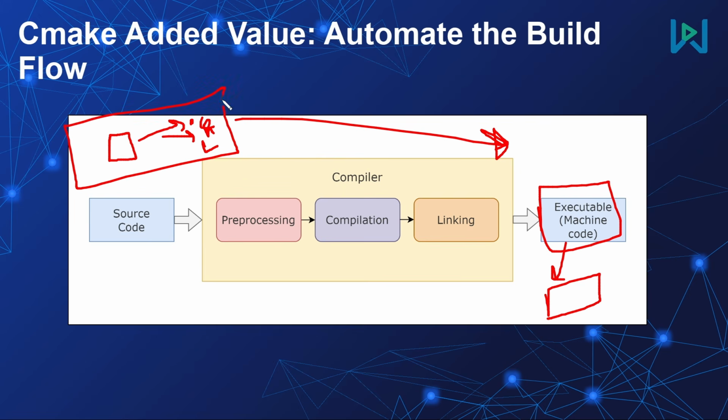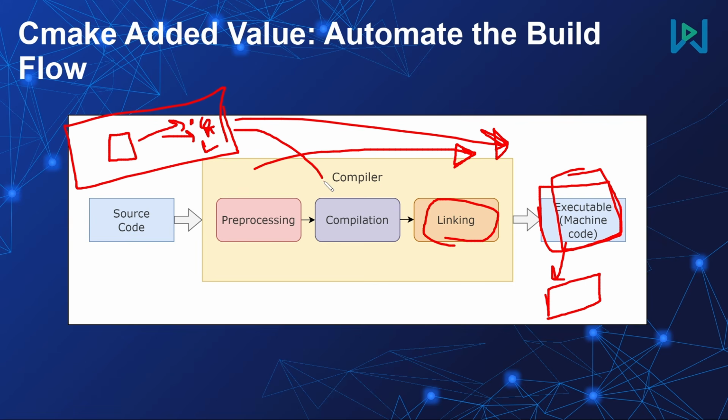To go from this set of sources, headers, and linker script to having a single binary, we'll need to go through the build process to compile the different sources and link them to generate this final binary. The whole idea consists of compiling the different sources one by one to generate out of them the different object files. And then, during the linking stage, we'll link all those objects to generate this final binary to be loaded into our embedded device.